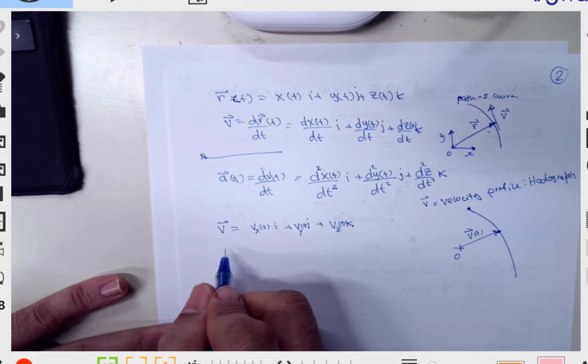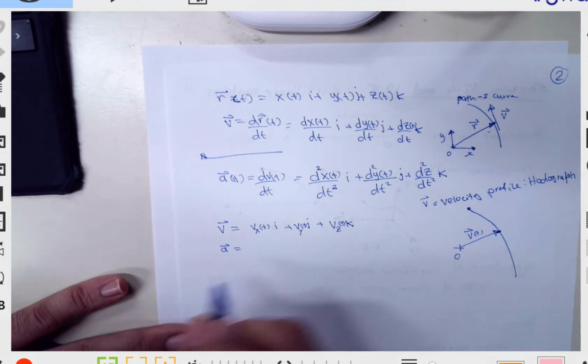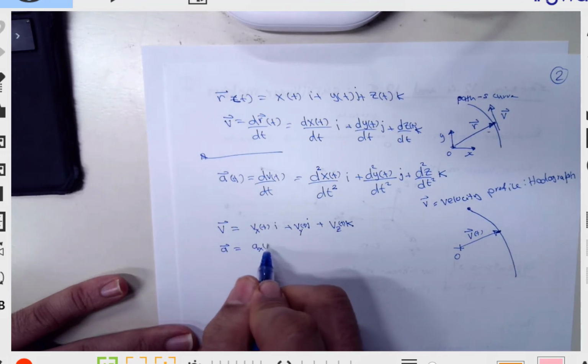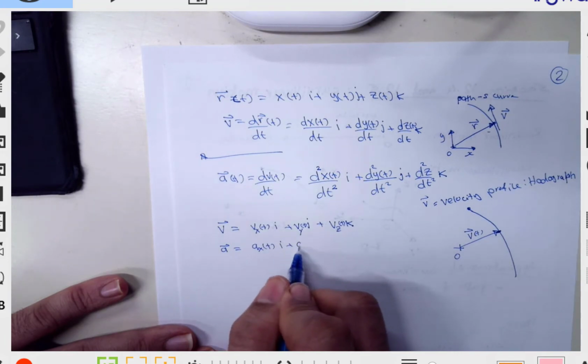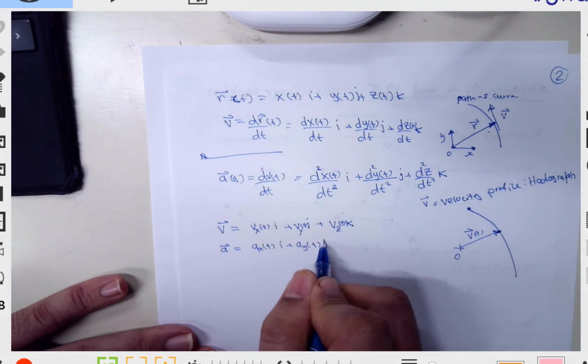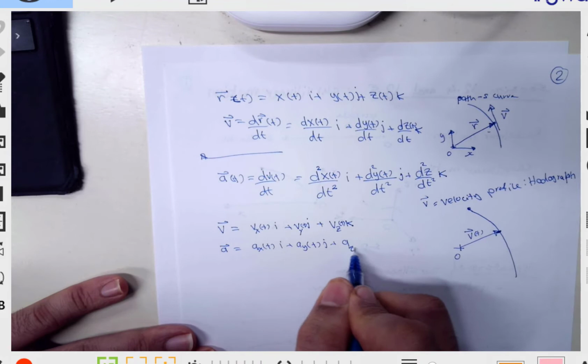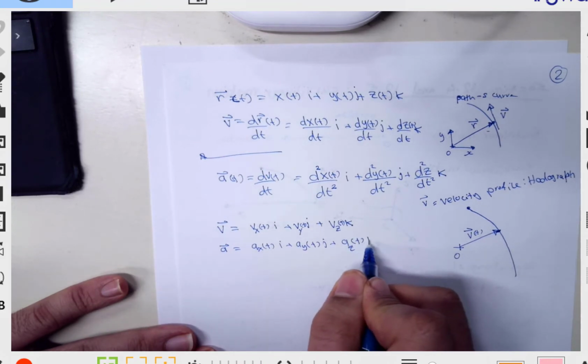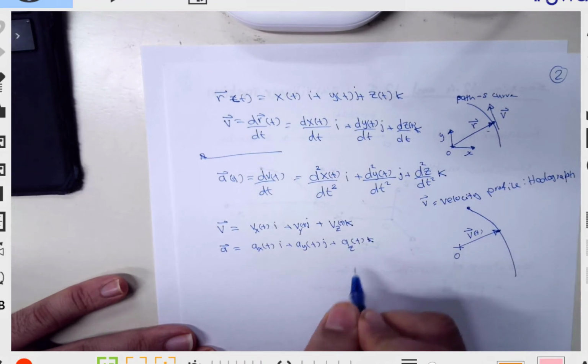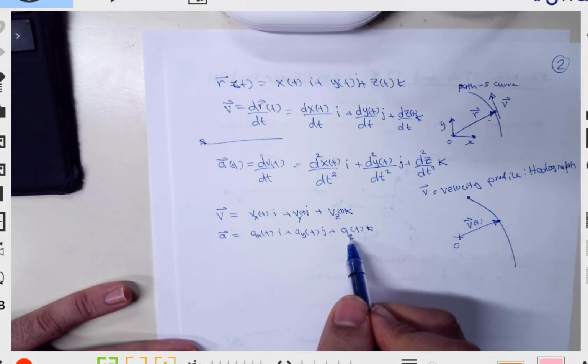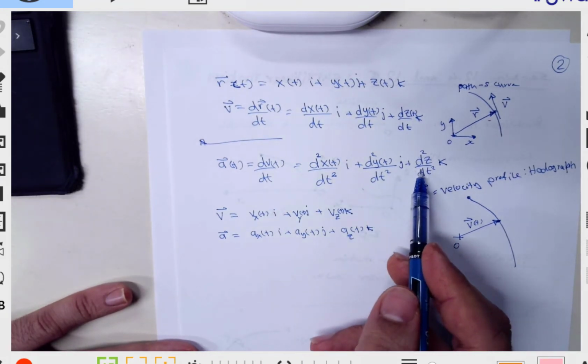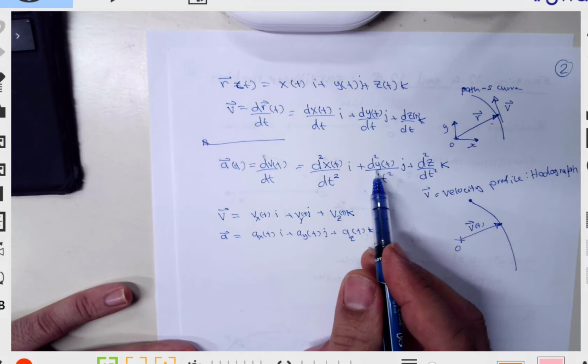As well as we can say a, acceleration, equals ax as a function of time i, plus ay as a function of time j, plus az as a function of time k. Right? Where az corresponds to that, ay corresponding to this.